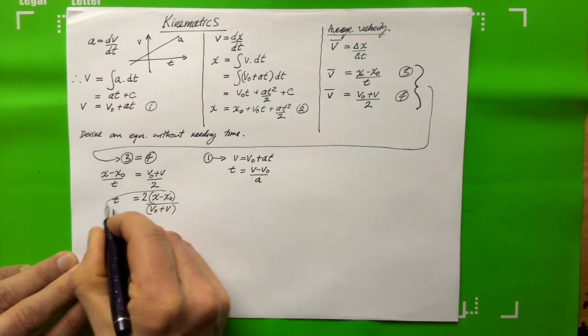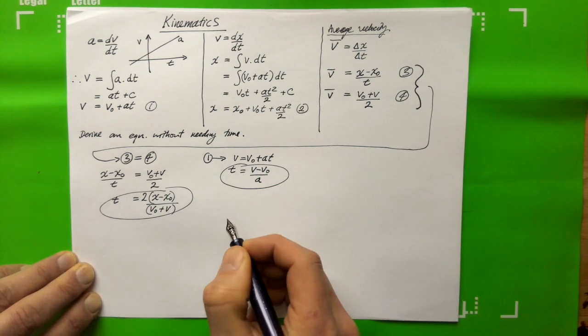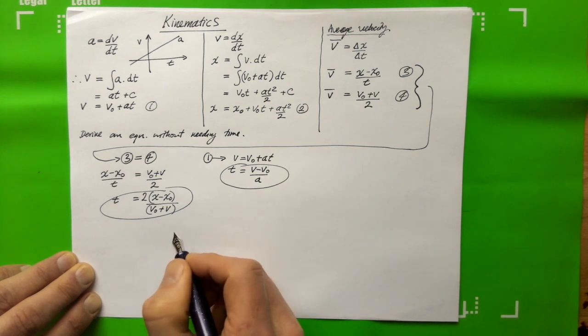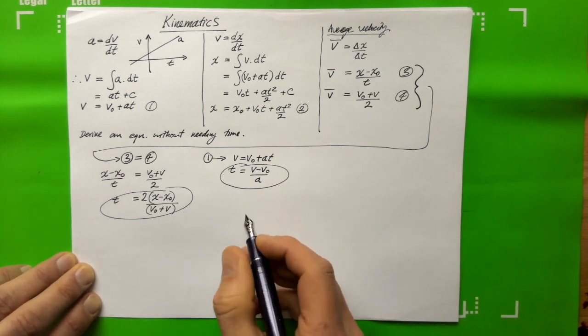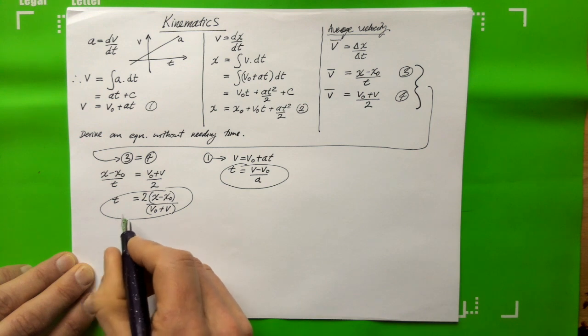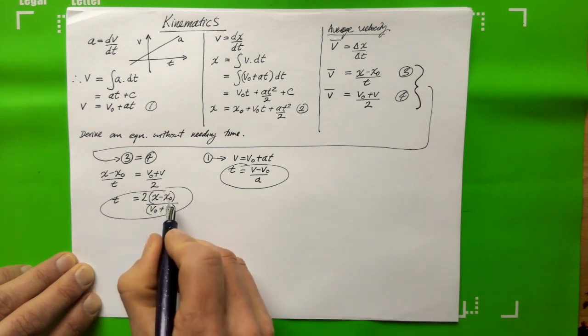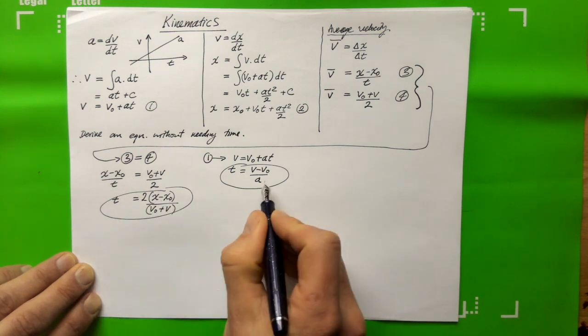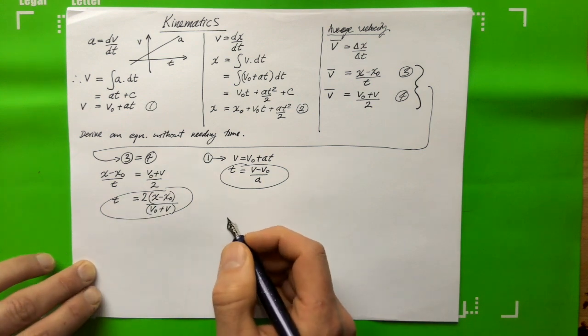So we've got two equations for t. If we make these two things equal to one another, we can then eliminate t and find a new expression which links all the kinematic variables, position at the start, position at the end, velocity at the start, velocity at the end, and acceleration, without needing to know time. So let's do that now.